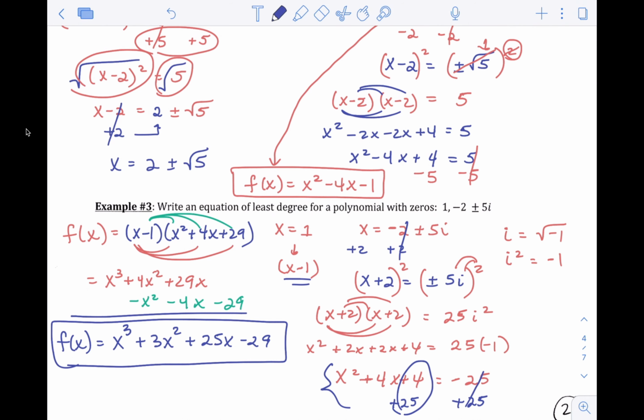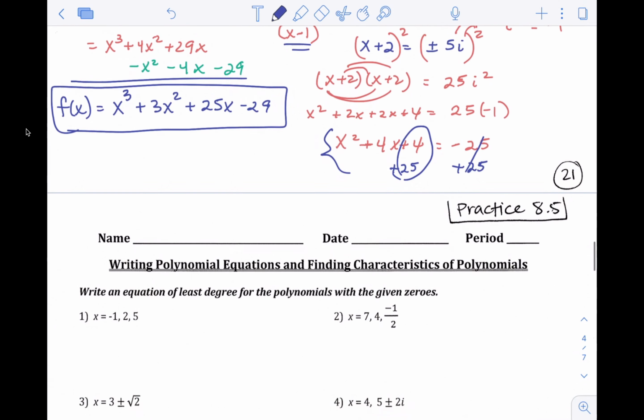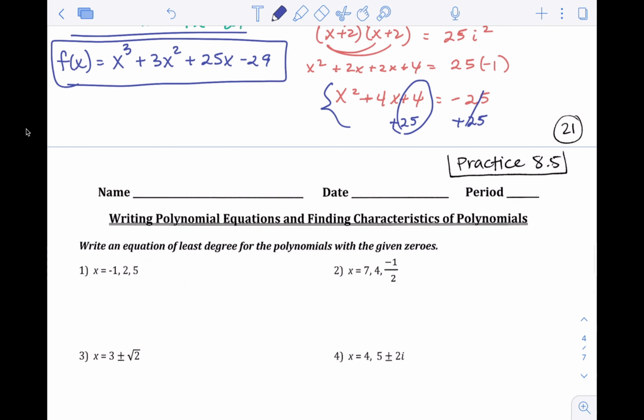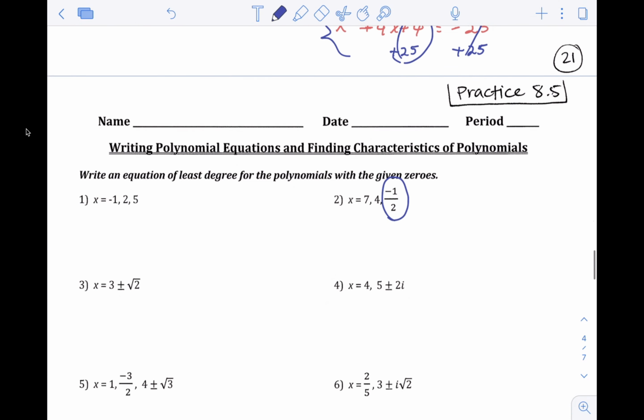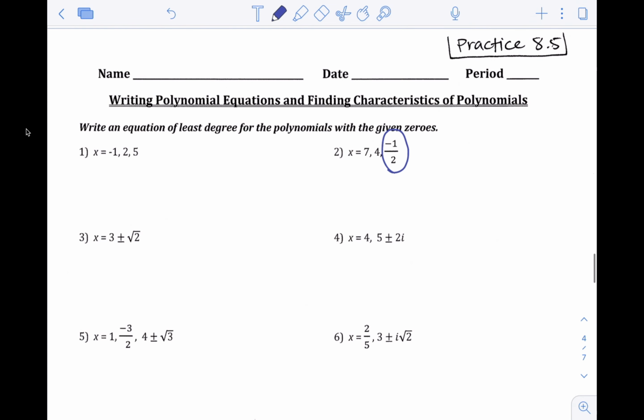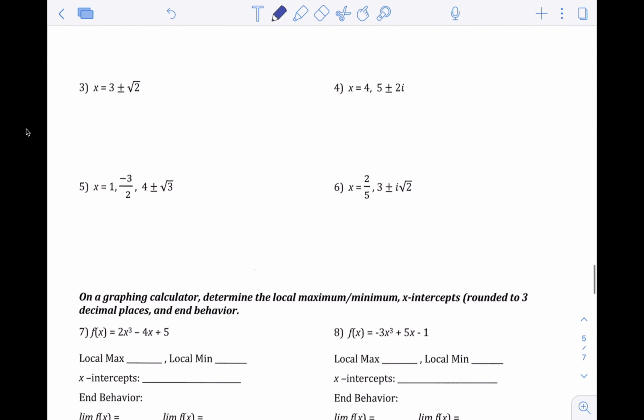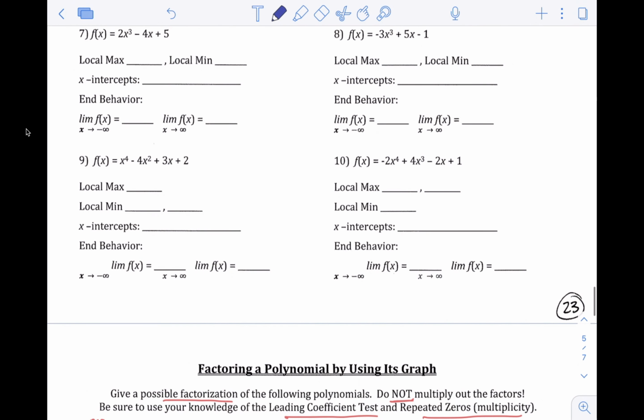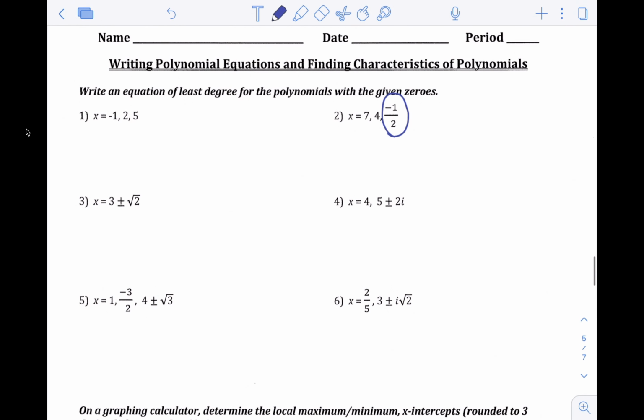Now, one last word of caution. If you are given a fraction, it did not come from x equals that fraction. I want you to think this through. On number 2, on page 23, the practice problems, we actually have a situation where x equals a fraction. x equals negative 1/2.